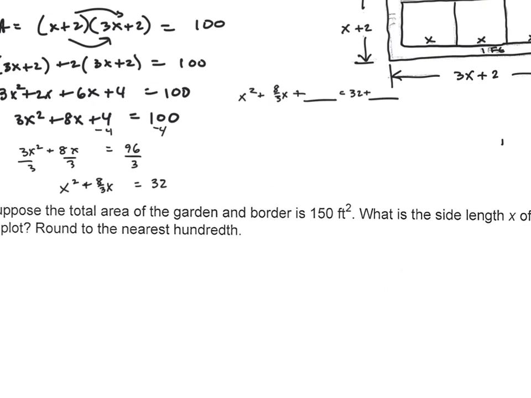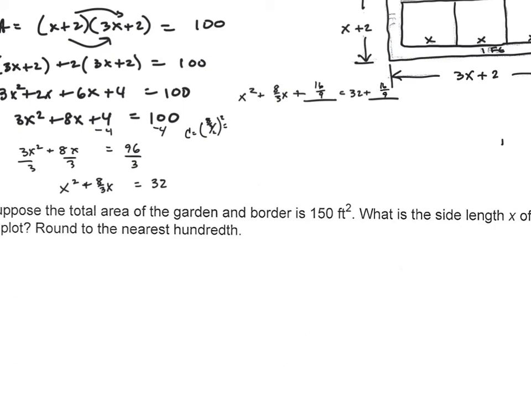And when I take b, half of 8/3 is 4/3, and squared, that is going to give me 16 over 9.